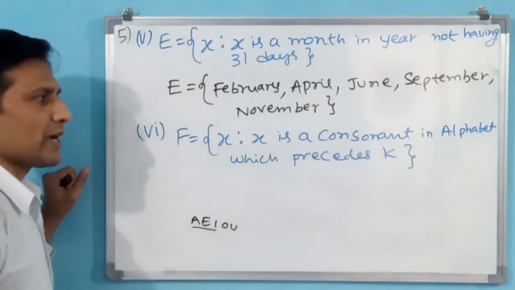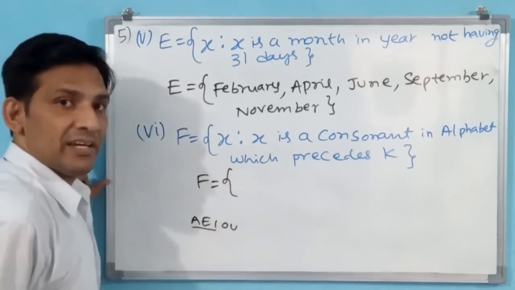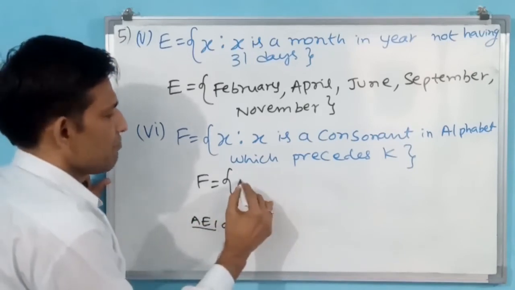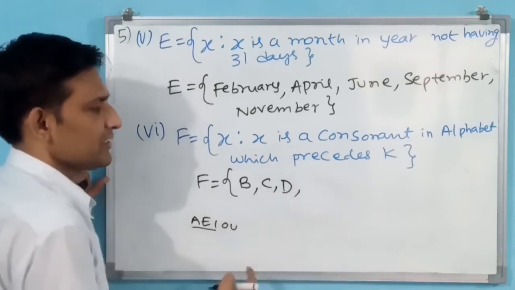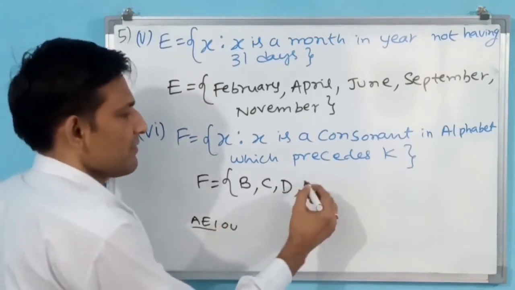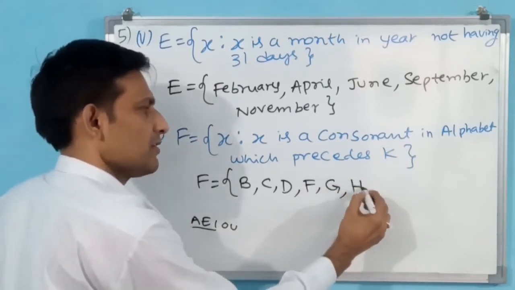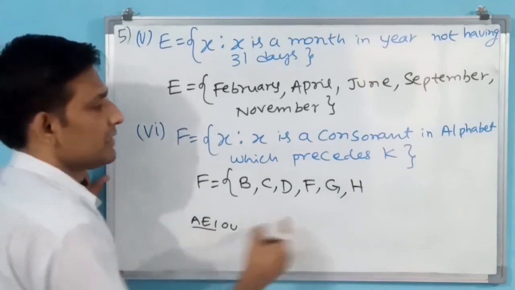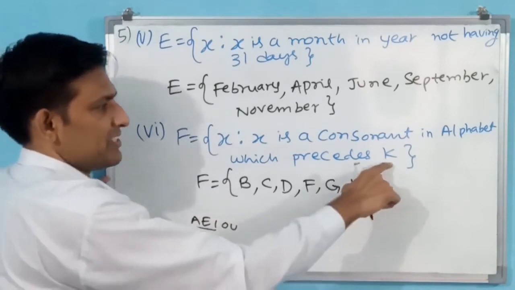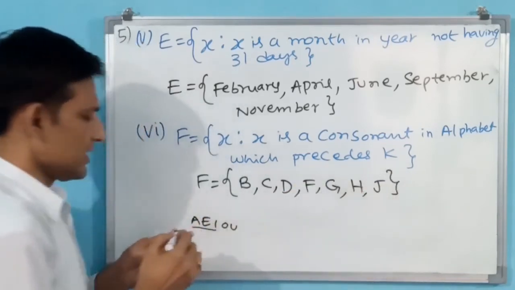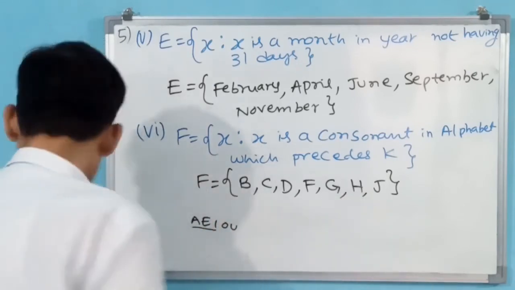Remaining all consonants you have to write before K. Okay, see, F is equal to A is a vowel, B, okay, C, okay, consonant, D, okay, consonant, E is a vowel, F, okay, consonant, G, okay, consonant, H, okay, consonant, I is a vowel, J, okay, consonant, K, no, precedes K. You have to take up to here only. That means B, C, D, F, G, H, J is the answer for this question. Like this you have to answer.